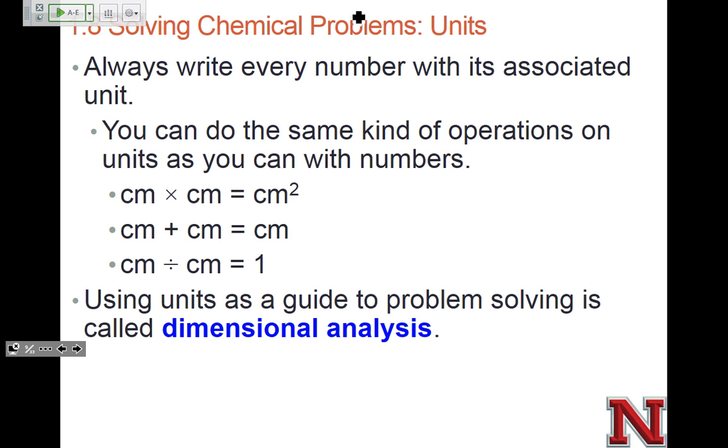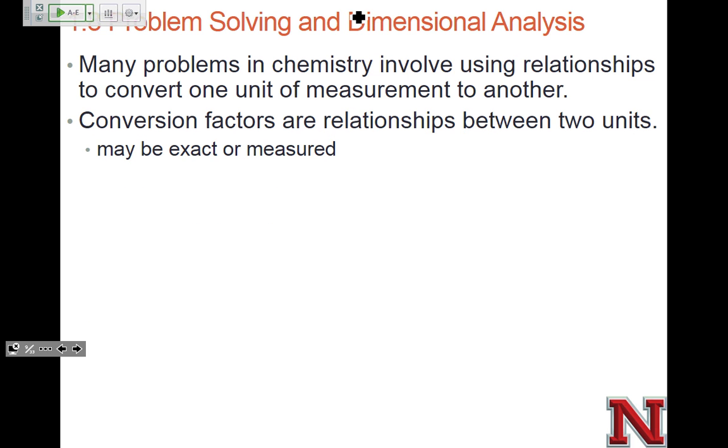So using our units as a guide to problem solving is what we call dimensional analysis. And it's really, really useful, especially to keep yourself from getting lost. We already talked a little bit about some relationships, like density. We talked about some relationships like how many milliliters equal a liter. When we're looking at relationships, they can be used as conversion factors.